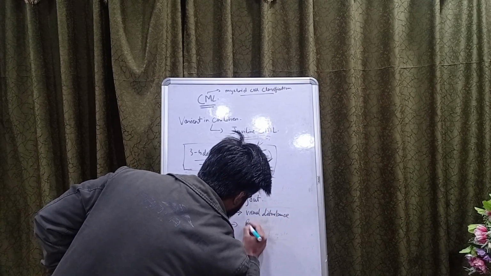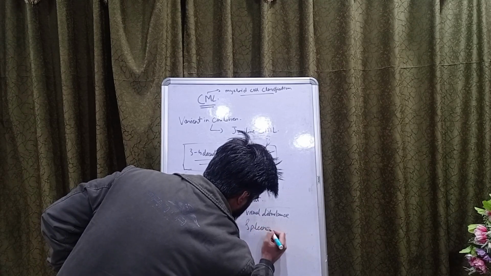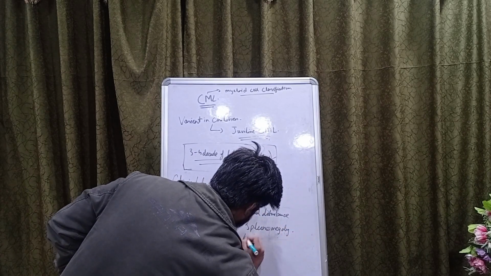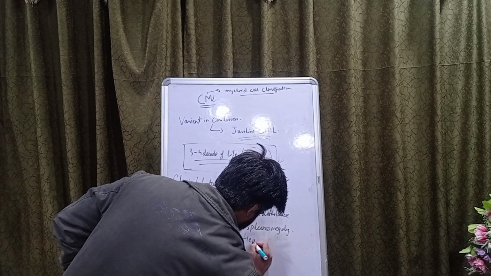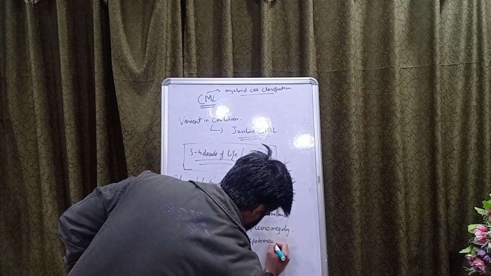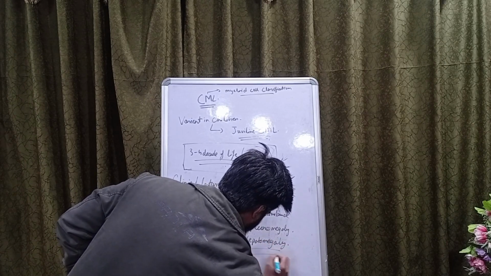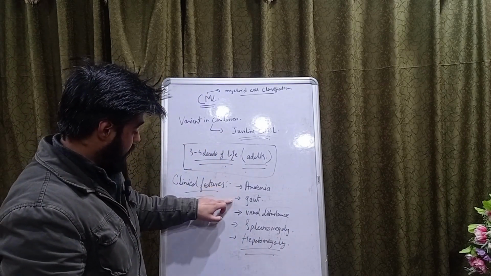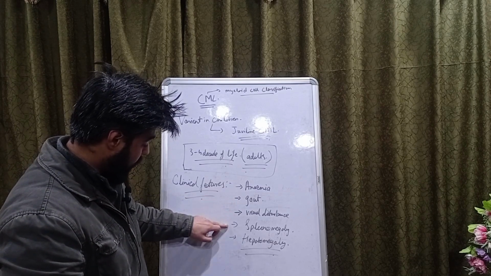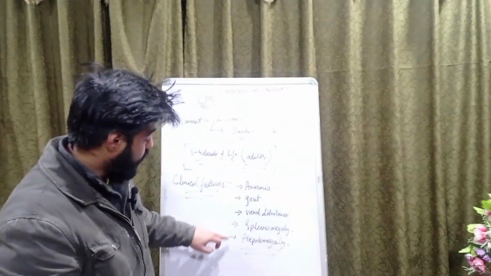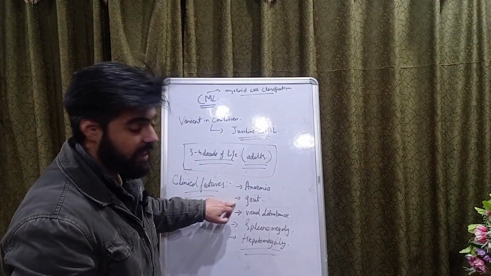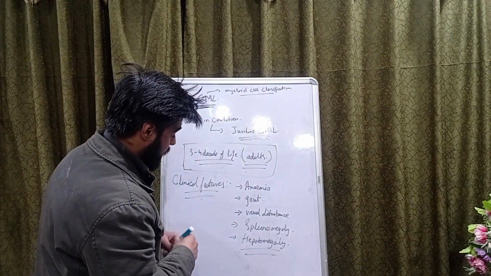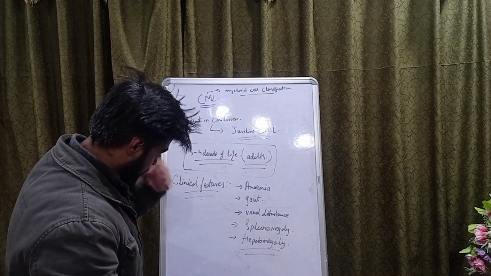Next, you'll find in them splenomegaly, that is enlargement of the spleen, as well as hepatomegaly, that's enlargement of the liver. So, what are the clinical features, guys? Anemia, gout, visual disturbance, splenomegaly, as well as hepatomegaly. You can even write hyperuricemia, because once there's gout, that means there is an increase in uric acid formation. So that's why gout is formed here. You guys have to remember these things very well.